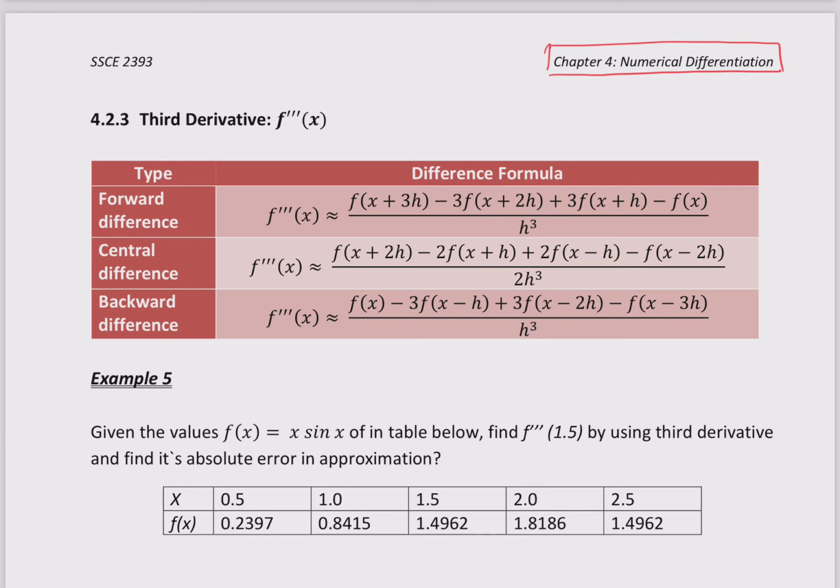The only thing that you need to know is to choose the correct formula that is provided for you, and then after that you just apply whatever you have in your table of data.